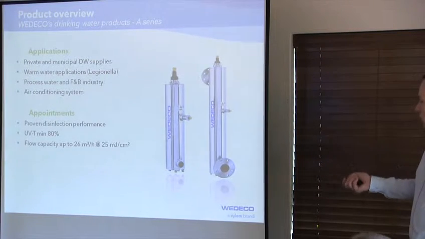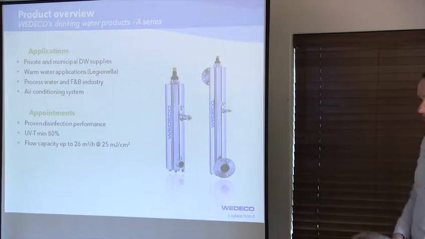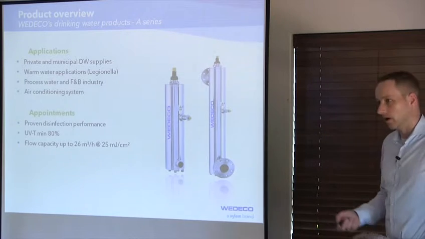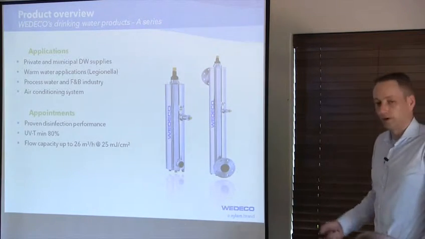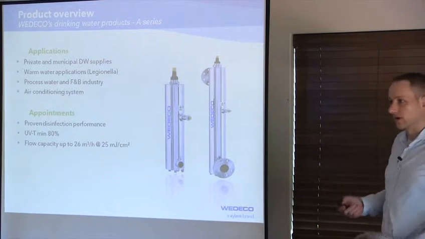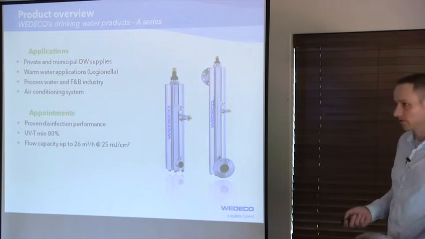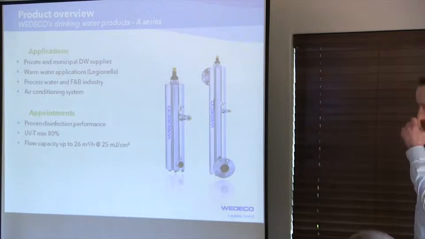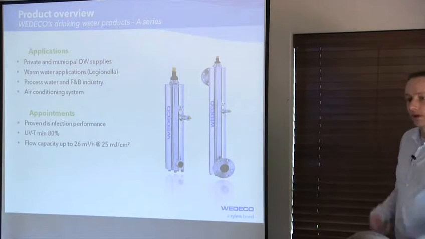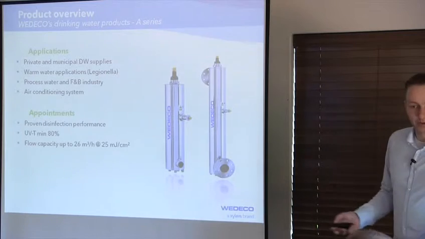Both systems are designed for UVTs of minimum 80%, but typically you want your drinking water with a UVT of 90% or higher. That is what you typically see. We have some cases where it's lower than 80%, but there you would need a bigger solution.